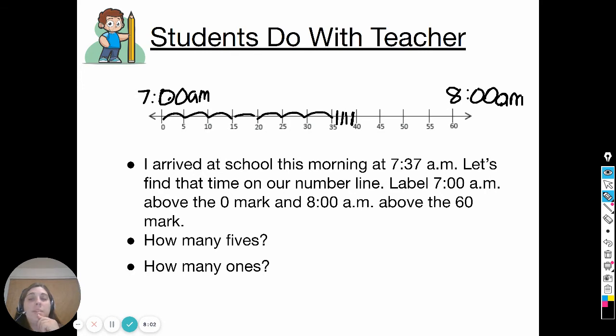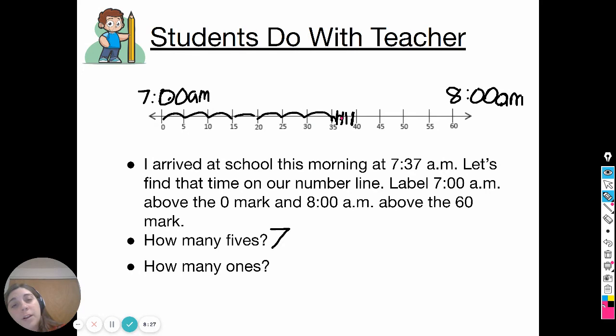So how many times did we count by 5s? 1, 2, 3, 4, 5, 6, 7 times. And now let's get to 37. 35, 36, 37. So right here on this second tick mark is my point.